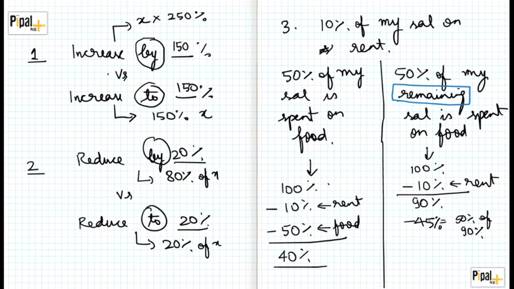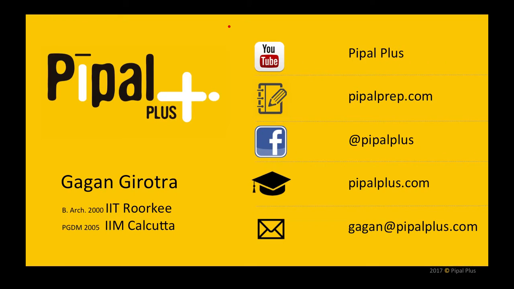So that's the amount now getting spent on food instead of the previous 50% of the overall salary. This is a very important word to look out for in problems on percentages. So the amount I'm now left with is 45%, and not 40%.